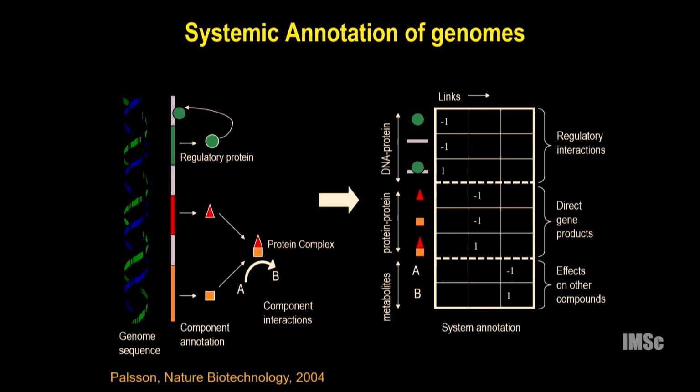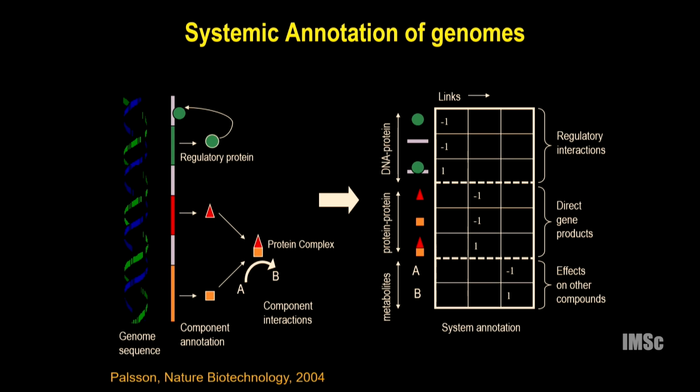In the case of the DNA that transcribes a regulatory protein and represses a gene, you have the green circle, the purple DNA that it represses, and the DNA-protein complex. For the protein-protein interaction, you have the triangular protein, the square protein, and the protein complex here. And the metabolites in the isomerization reaction are A and B.